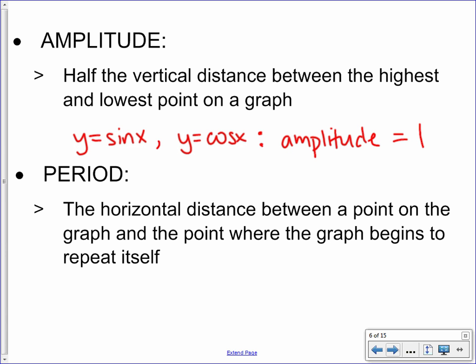The red that I had you graph, we consider 1 period because at those points, it's going to start repeating again.